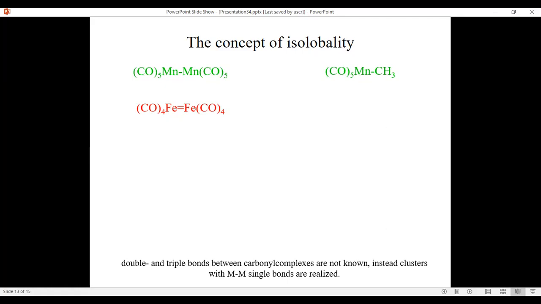Now we have to determine the number of frontier orbitals and the number of electrons in these frontier orbitals, just by subtracting 16 from 18, and that gives 2.